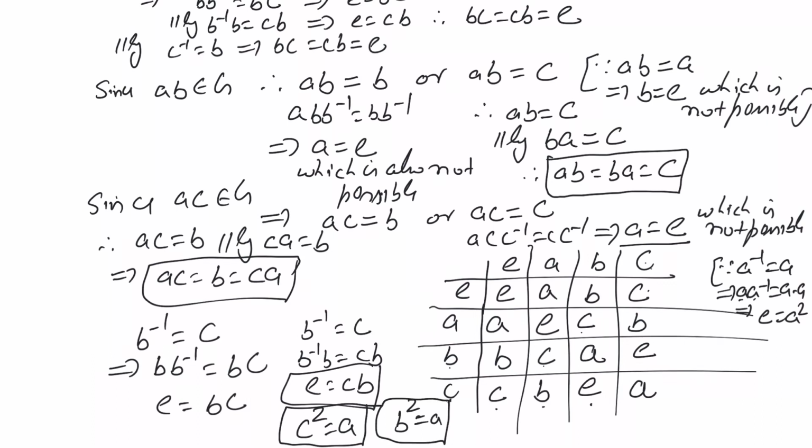Now we see in this composition table that this row is equal to this column, this row is equal to this column, this row is equal to this column.